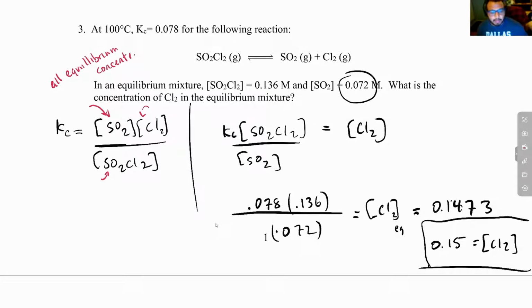Alrighty, so this is just kind of showing you what's possible. We can think of it like this, right? This is just a normal equation that you can rearrange that we've done a million times in chemistry, right? If you have an equation and you know 3 out of the 4 variables, well, you can rearrange to solve for the last one, right? So this isn't necessarily imposed by it just being Cl2.